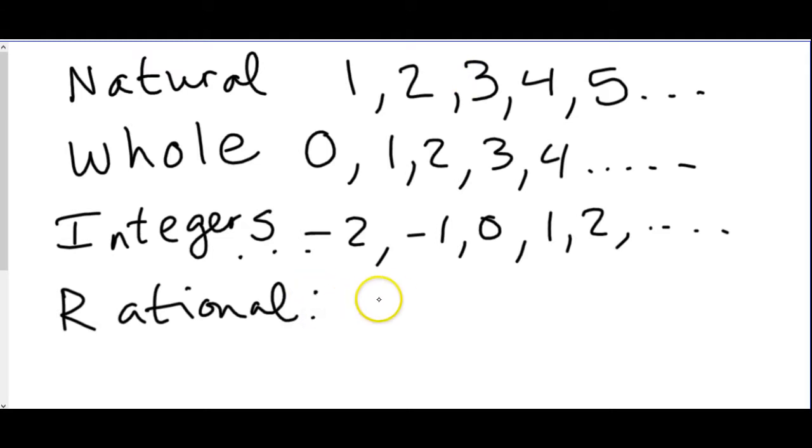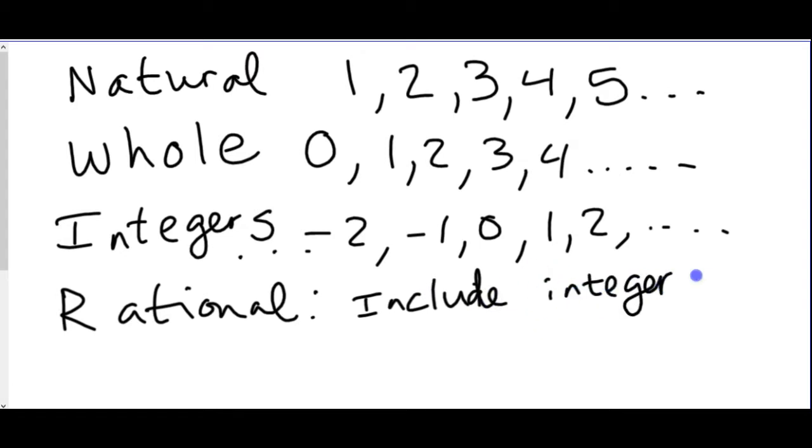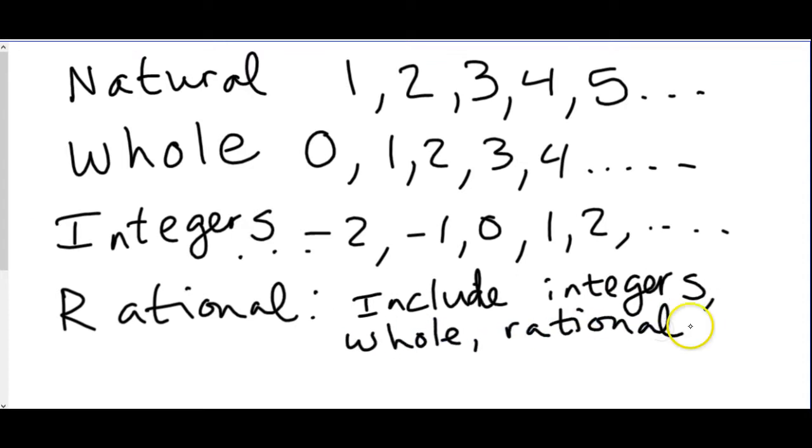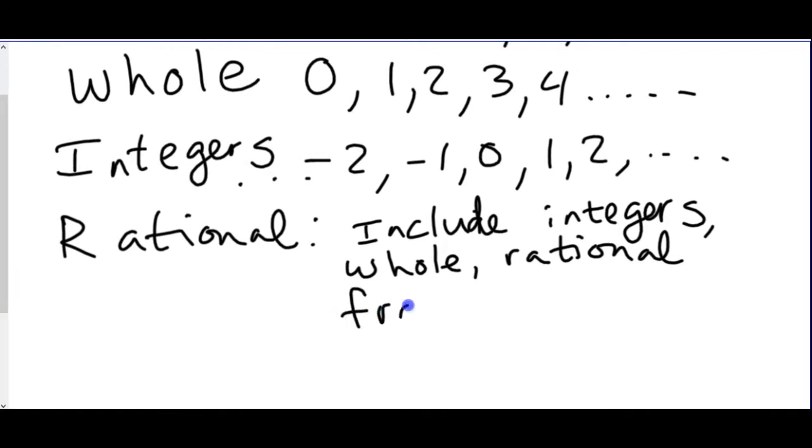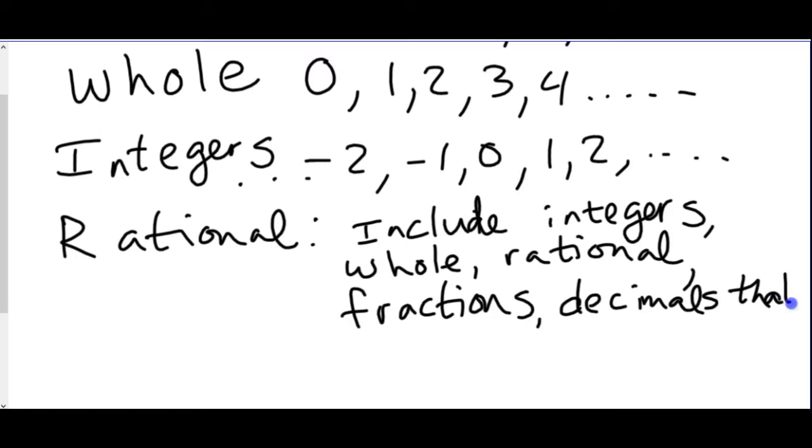So they include integers, whole numbers, and natural numbers. But they also include fractions, decimals that stop, and decimals that repeat.